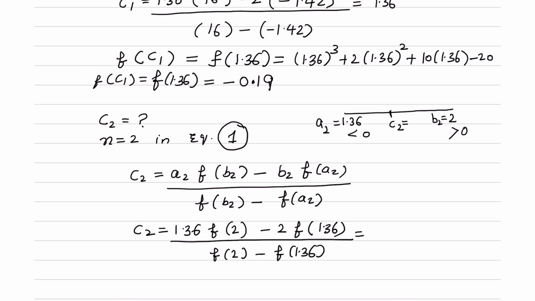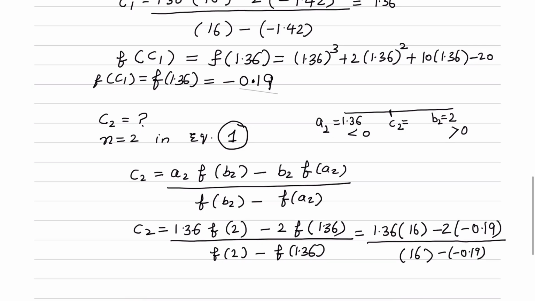Let's plug in the values. 1.36 times f of 2, which is 16, minus 2 times f of 1.36, we have calculated it, it is minus 0.19, see from here, whole divided by 16 minus minus 0.19.